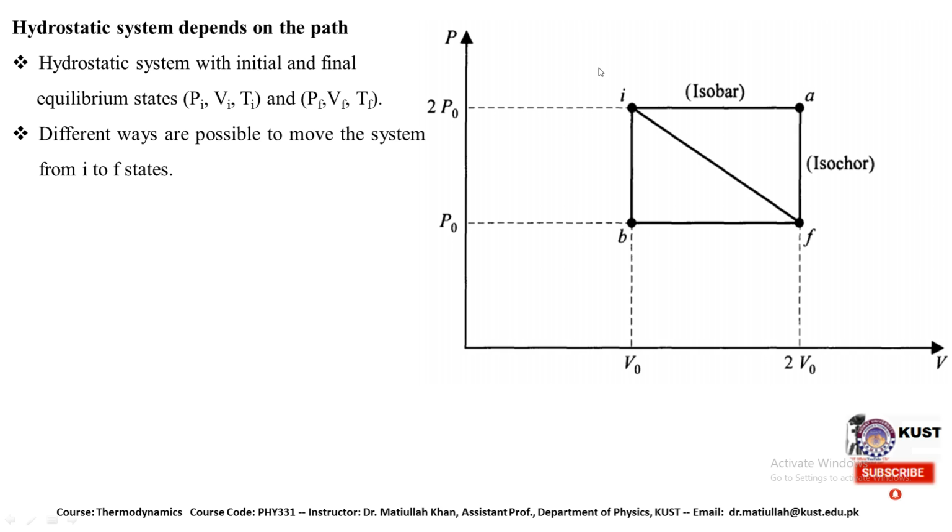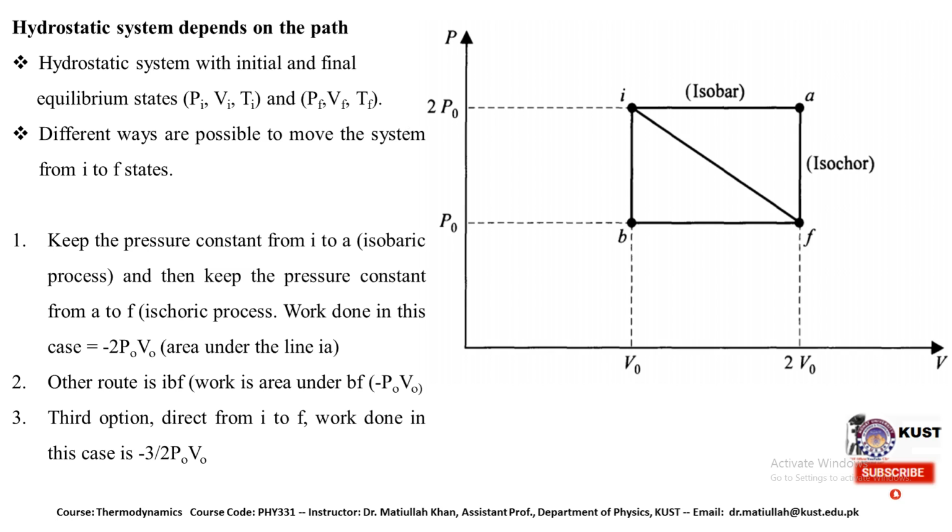The configuration of the system at the initial position, that is I, can be described by PI, VI, and TI, and the system at the final position can be described by the thermodynamic coordinates PF, VF, and TF.